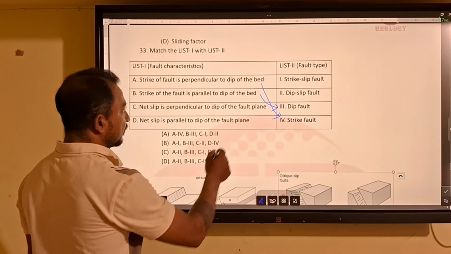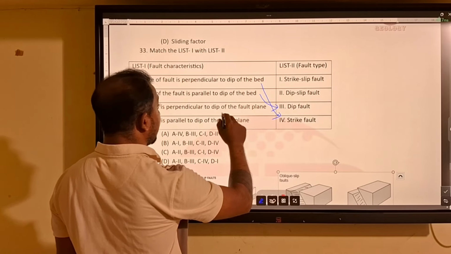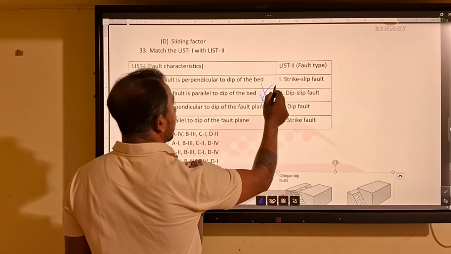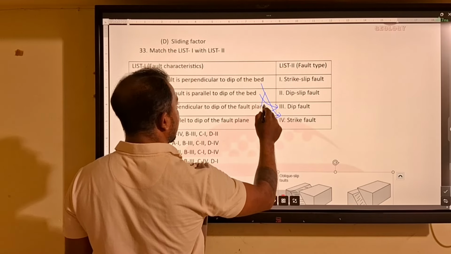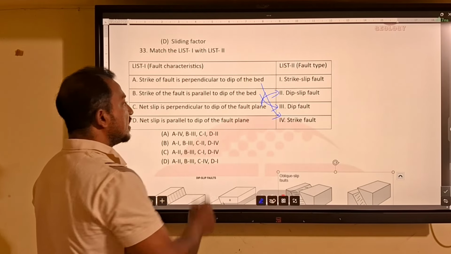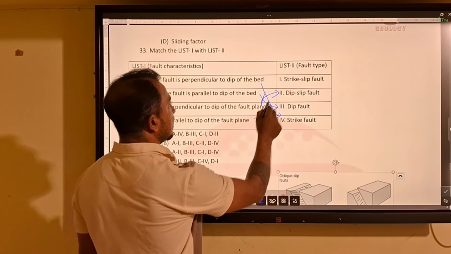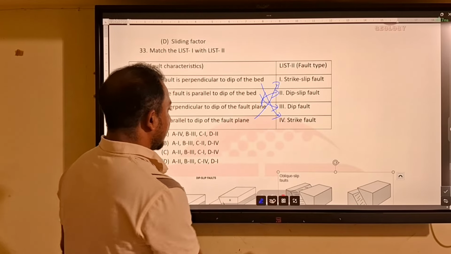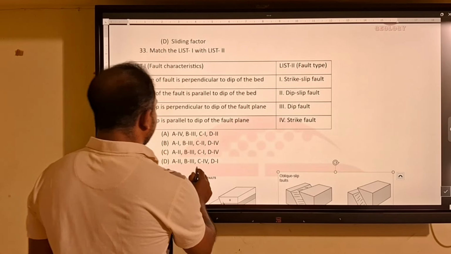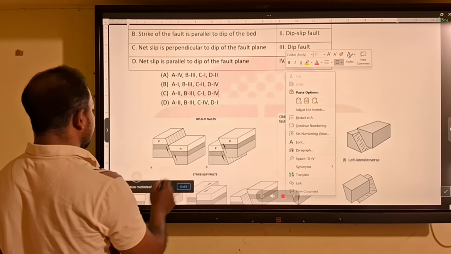Then the net slip: if it is perpendicular to the strike of the fault plane, that means it is your dip slip fault. If net slip is parallel to the strike of the fault plane, it is strike slip fault. See, this is the net slip.